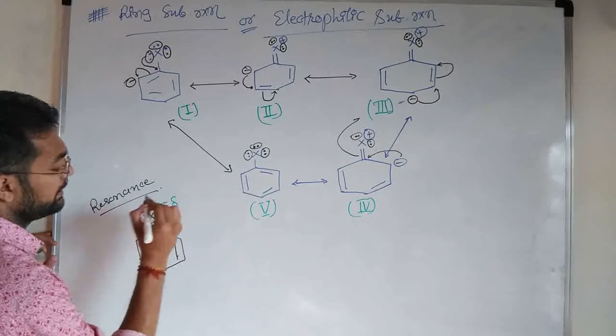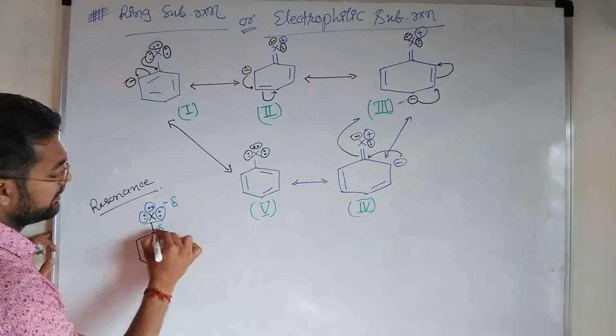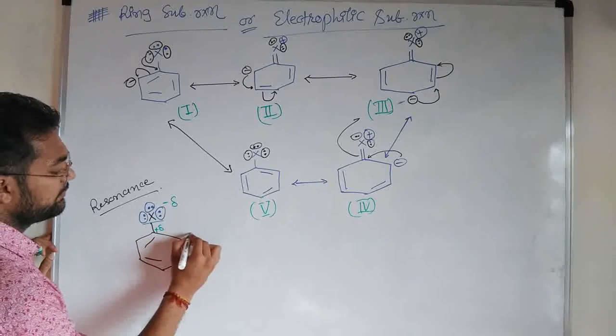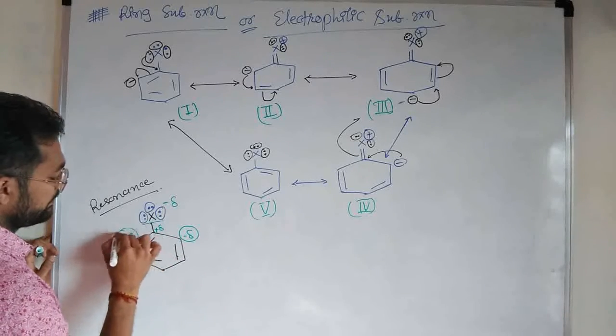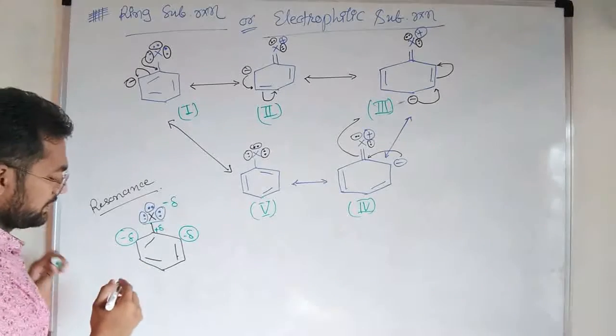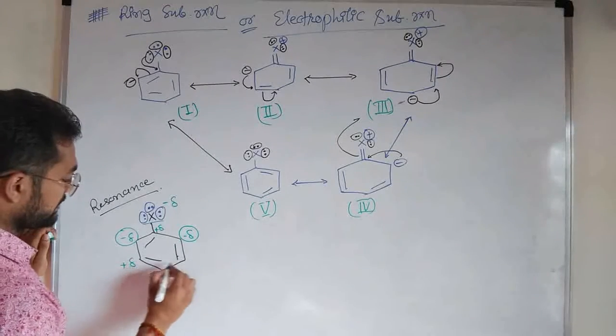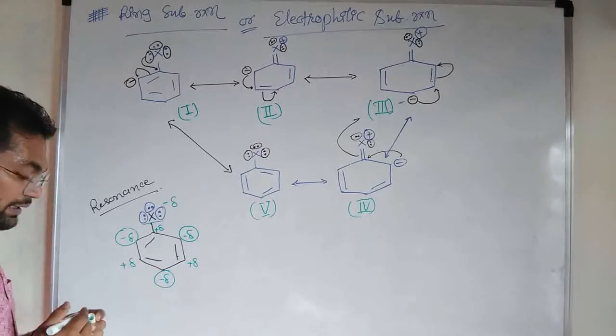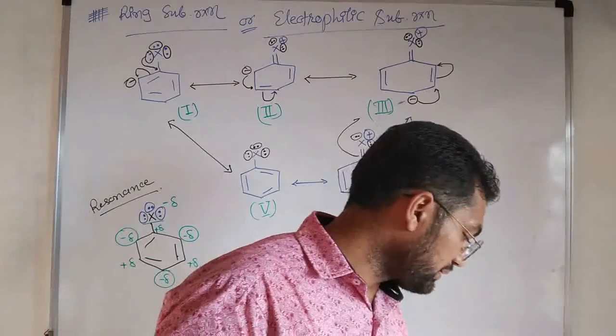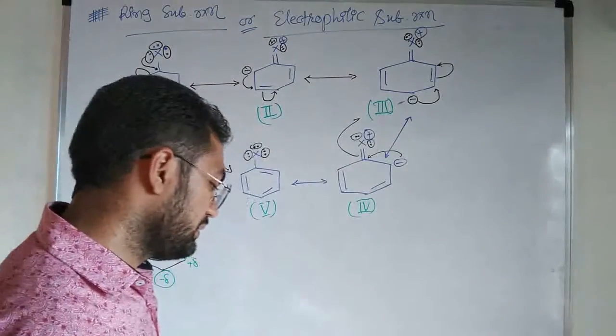So here partial negative, here partial positive, and on this side partial negative. Remember my dear student, the electron density.